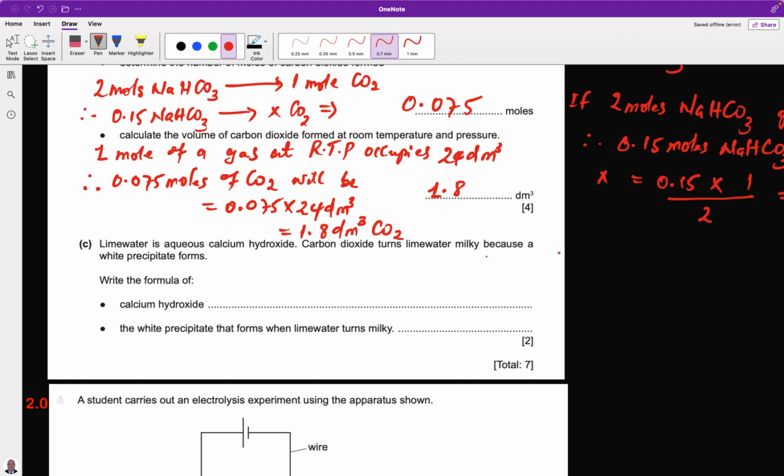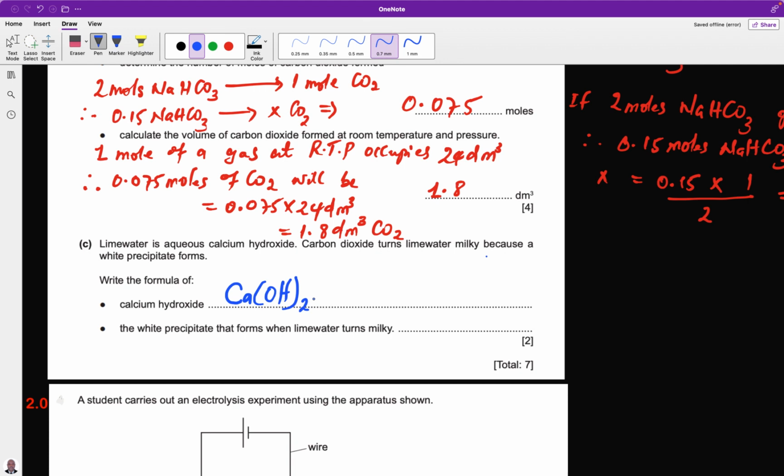Write the formula of calcium hydroxide. That is the formula of calcium hydroxide.